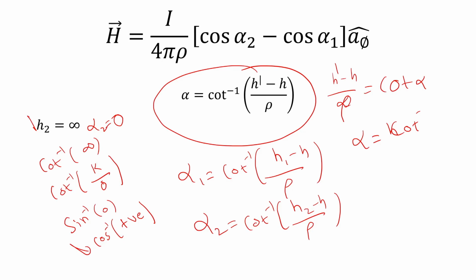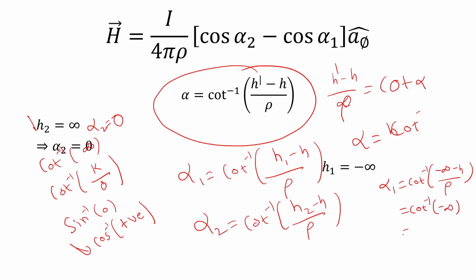Right? And what happens to the value of alpha 1? Alpha 1 equals cot inverse of h1 minus h by rho, that is cot inverse of minus infinity minus h by rho, that is cot inverse of minus infinity, that is cot inverse of some negative number by 0, that is sine inverse of 0 and cos inverse of some negative number.